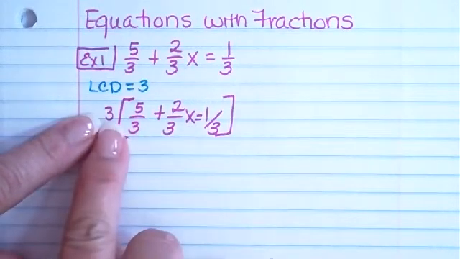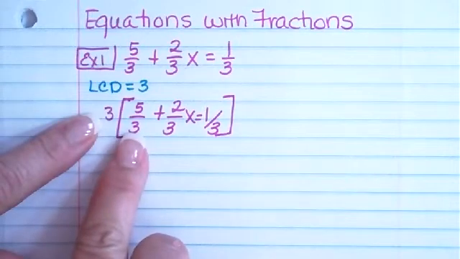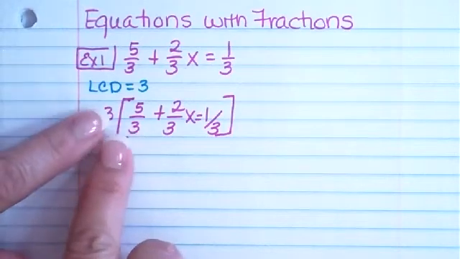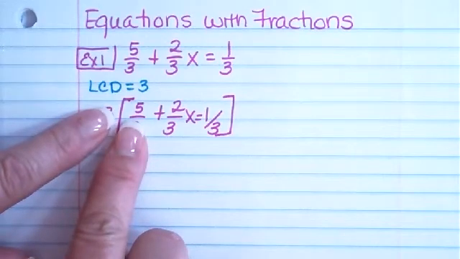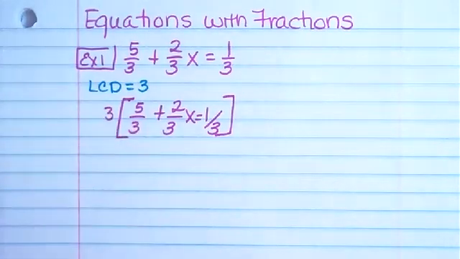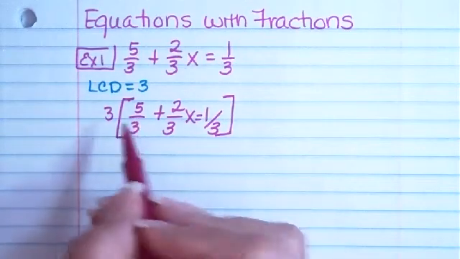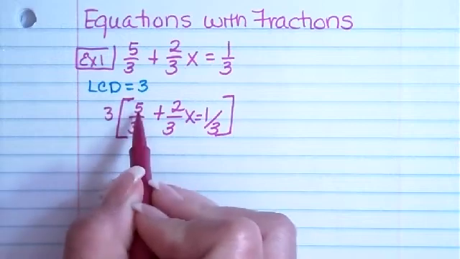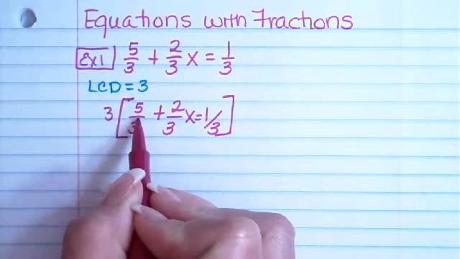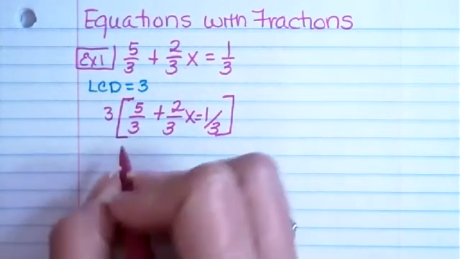We know that multiplying by 3 and dividing by 3 are opposite operations and they cancel each other out, and that leaves me with 5. If I distribute, 3 times 5 is 15, but 15 divided by 3 is going to give me 5.